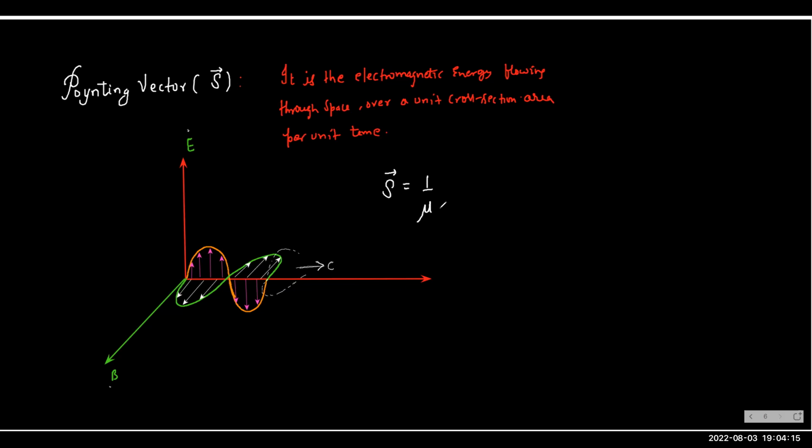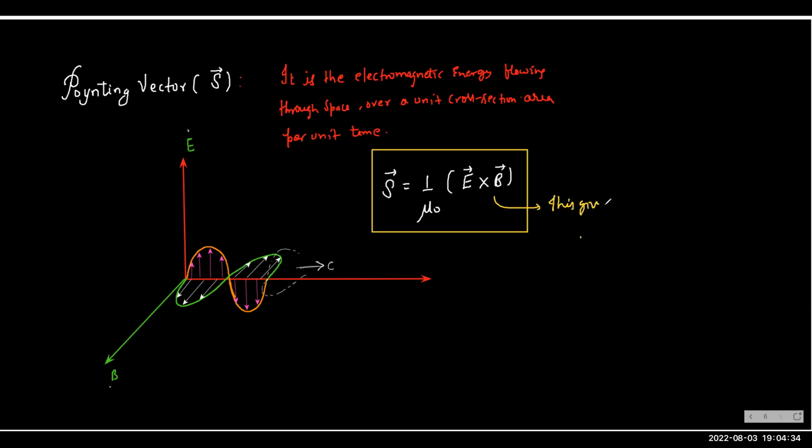So the definition of Poynting vector is written by the symbol 1 by mu naught. Don't worry about all this terminology. And we write E cross B, which is called the propagation direction. So this gives the direction of propagation of EM wave.